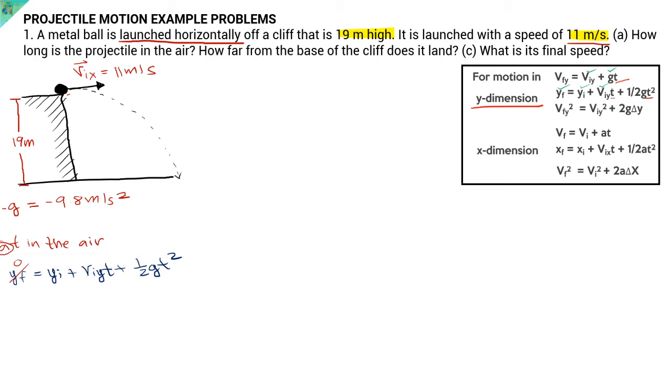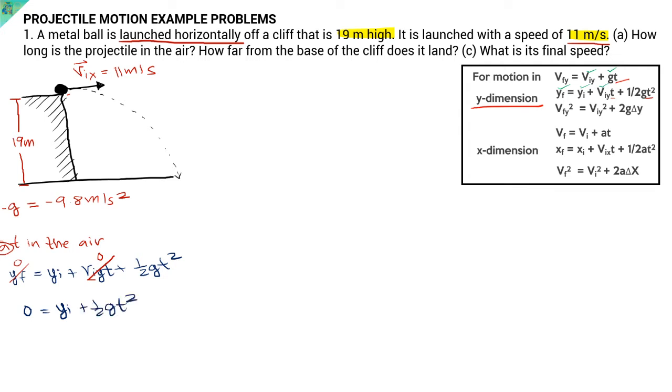Again, kindly remember, viy is the initial velocity on the y-axis. Since we launched it horizontally, our viy here would be 0, making this term 0. So we're left with 0 is equal to yi plus 1/2 g t squared.